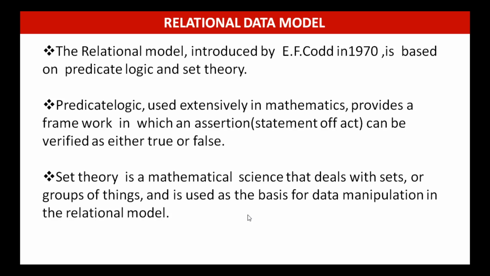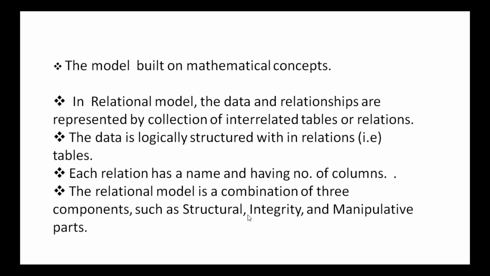And in this relational data model, all the data is maintained in the form of a collection of tables. Mainly this model was built on mathematical concepts. Here in the relational data model, the data and relationships are represented by a collection of interrelated tables or relations.